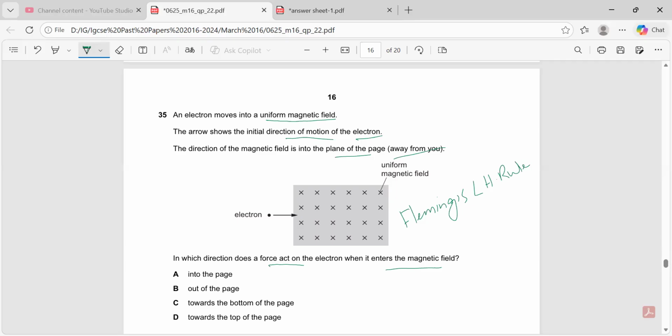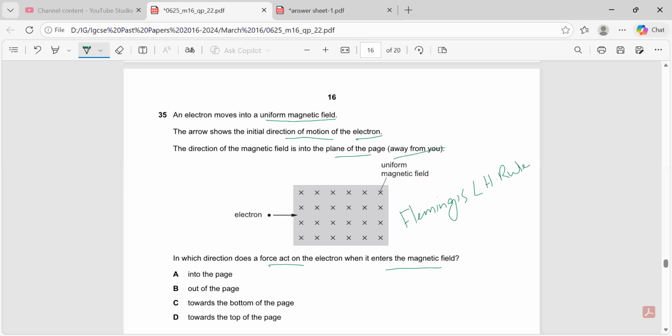Now, what is Fleming's left hand rule here, my dear friends? Okay, now how to apply this Fleming's left hand rule?